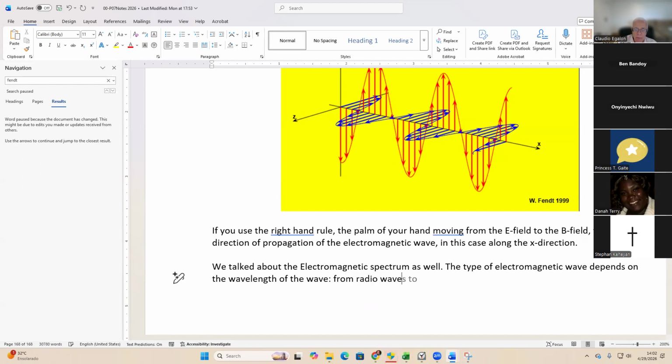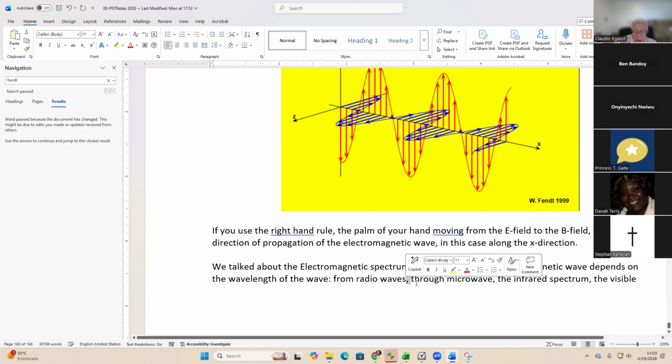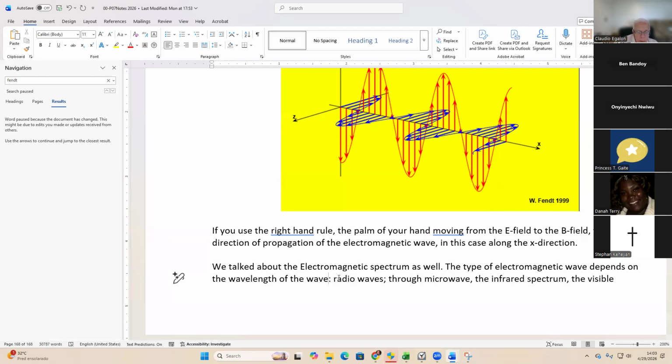From radio waves through microwaves, across the infrared spectrum, the visible, from long wavelengths to short wavelengths.